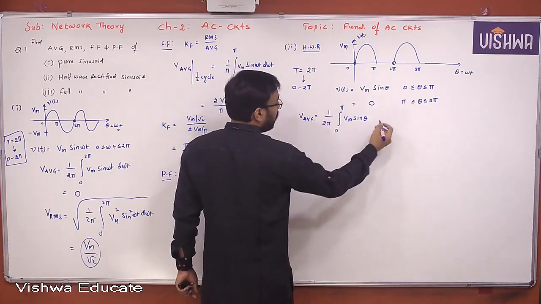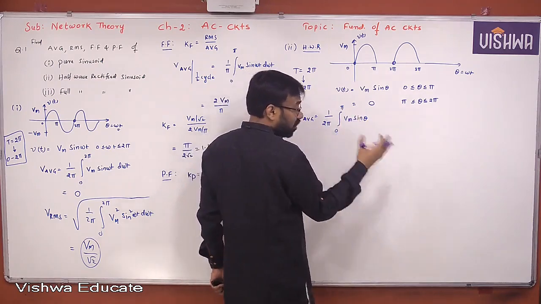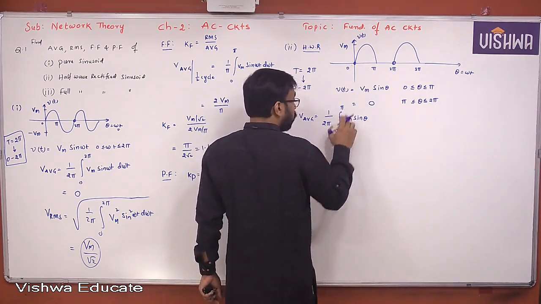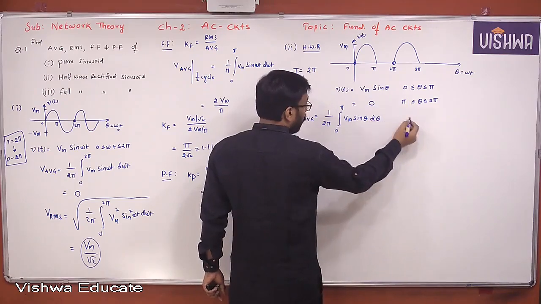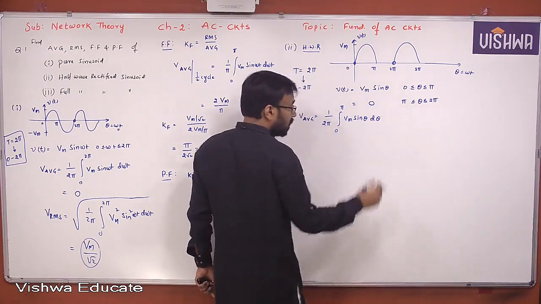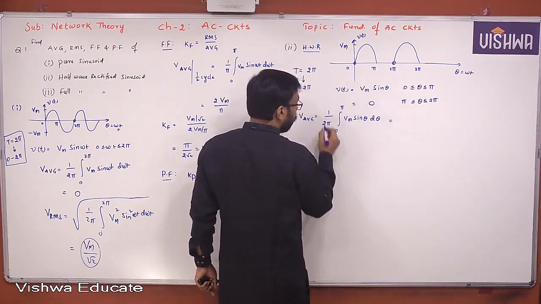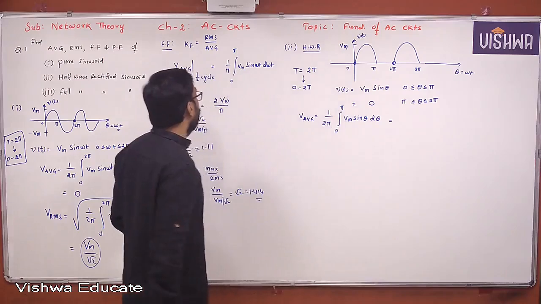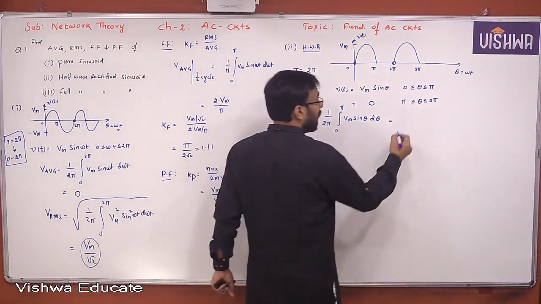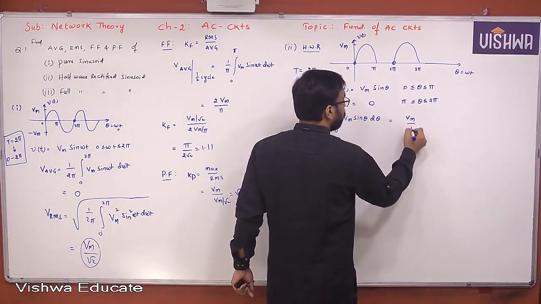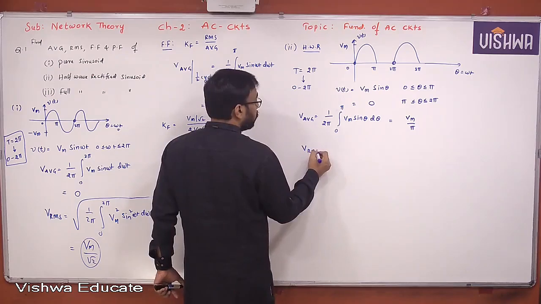If you split that integration into two parts, 0 to pi Vm sine theta d theta plus pi to 2 pi 0, I'm just neglecting that part. Then if you calculate 1 by 2 pi, already you found 2 V max by pi, but divided by 2, so the final answer will become V max by pi.